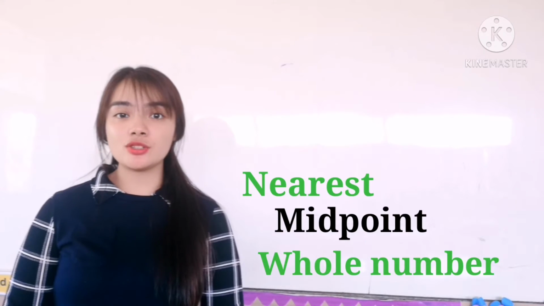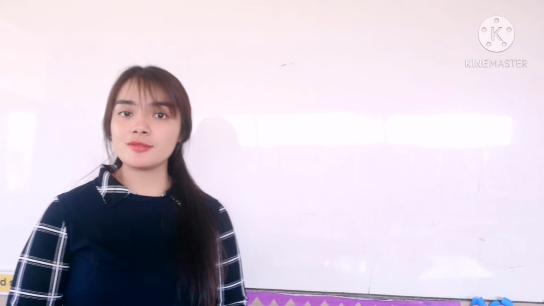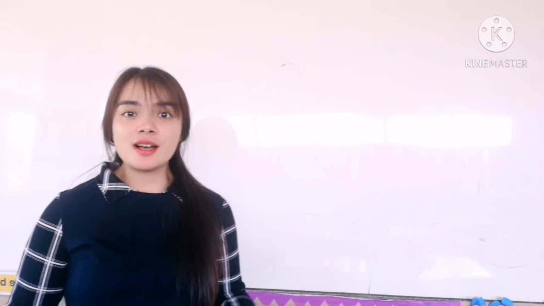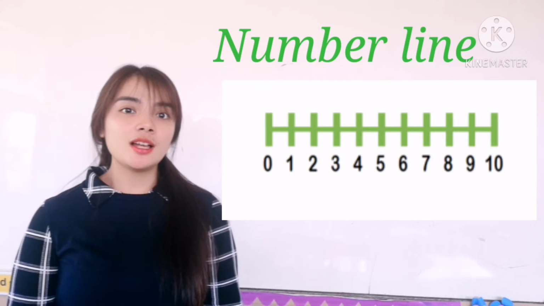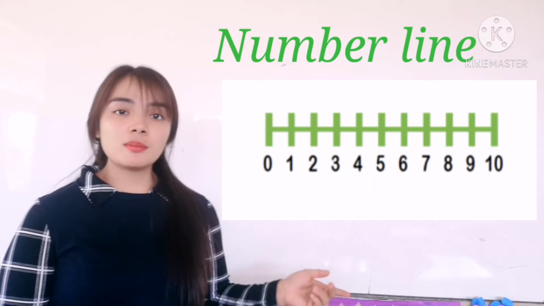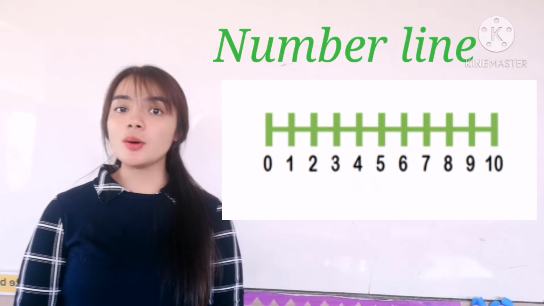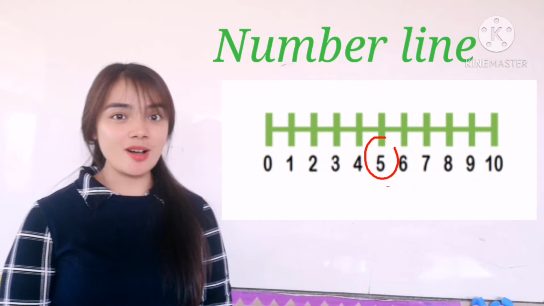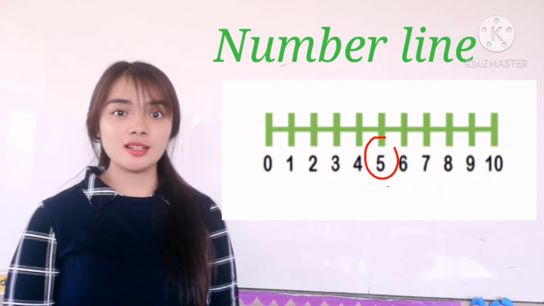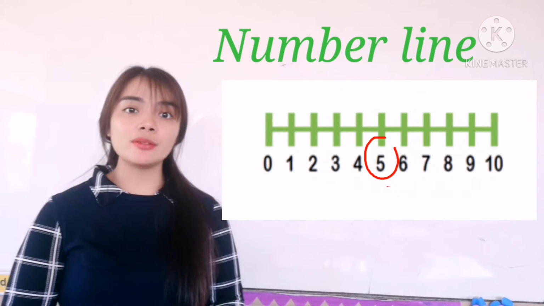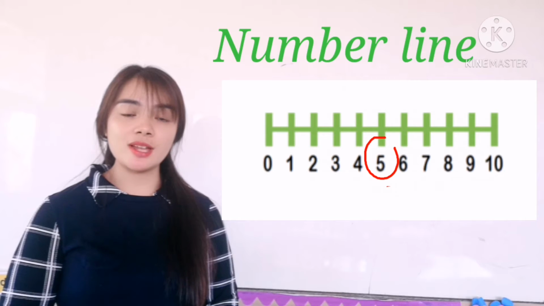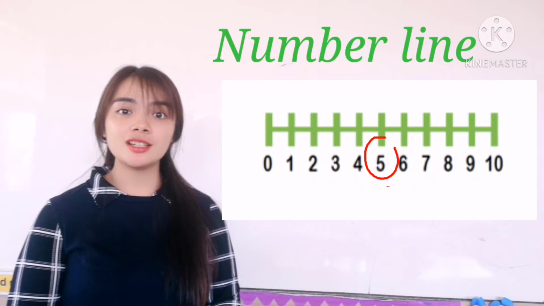Before we discuss our lesson for today, let's have a review of our number line. You can see that our midpoint is 5. We use this to see if we can round the given numbers or not.